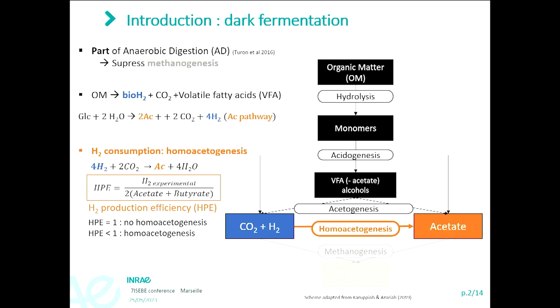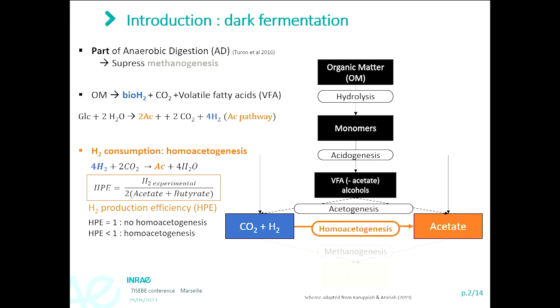One of the major problematics of dark fermentation is homoacetogenesis, which corresponds to the consumption of hydrogen and CO2 by homoacetogen bacteria to produce acetate. It remains a problem because we are not able to completely eliminate the homoacetogen activity under dark fermentation conditions.